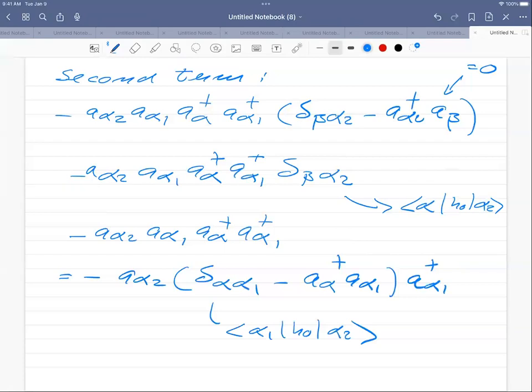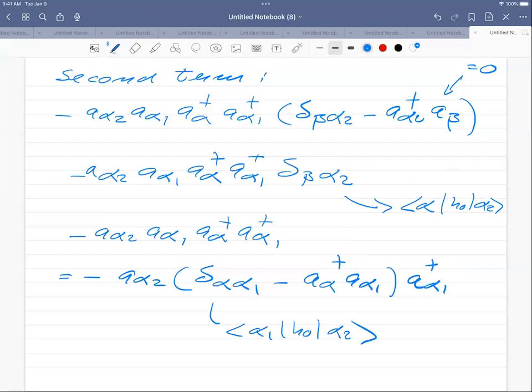But if we assume now that these states are eigenbasis states for H0, then it would be 0. But it doesn't need to be like that. So let's just leave it as a potentially non-zero term. But if we have chosen the alphas as an eigenbasis, then clearly this would be equal to 0.